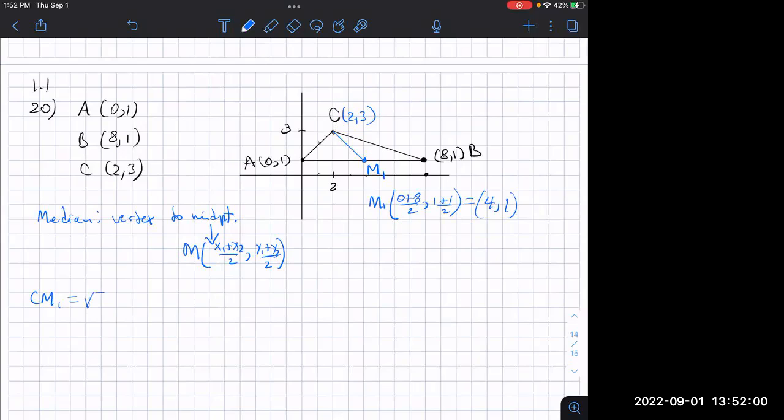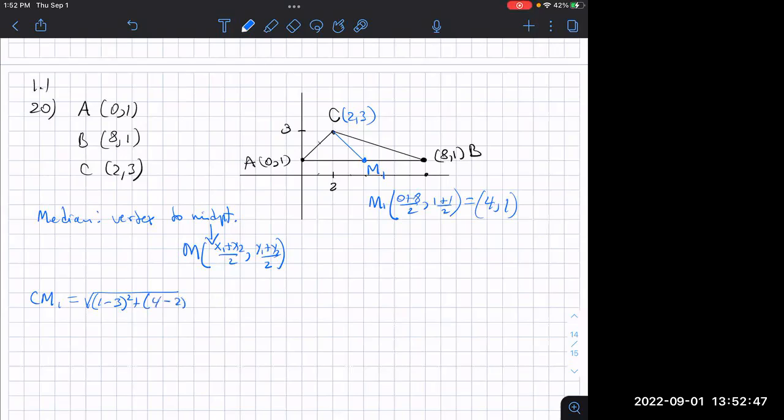So CM1 is the square root of what? 1 minus 3 squared plus 4 minus 2 squared.